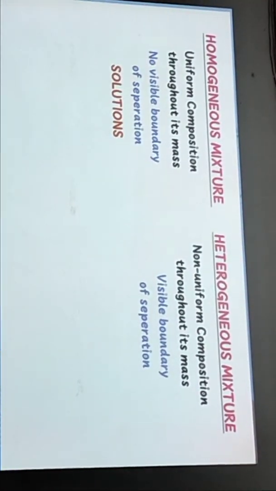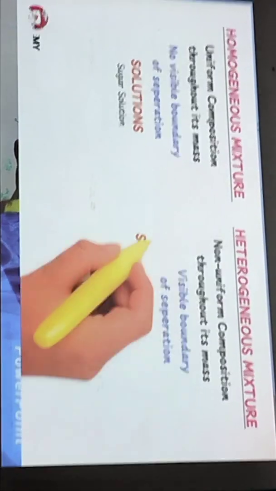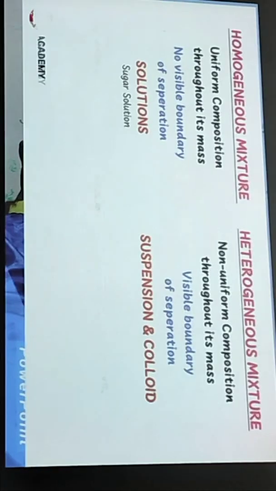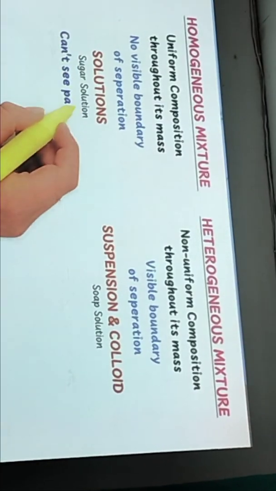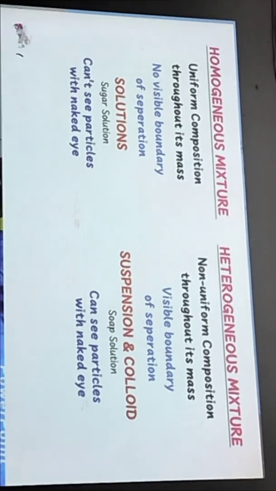For example, sugar solution and salt solution, while all the suspensions and colloids are called heterogeneous mixtures. For example, soup solution. Fourthly, we cannot see particles in homogeneous mixture with naked eye, while we see particles in heterogeneous mixture with naked eye.